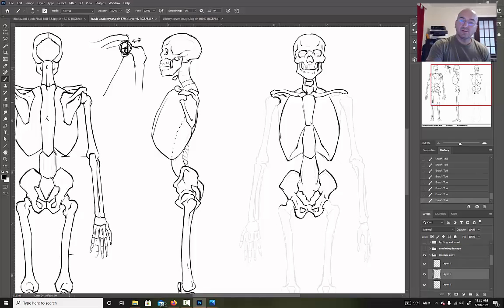Head of the humerus. And then back here you see the scapula kind of peeking through. Radius and your ulna.